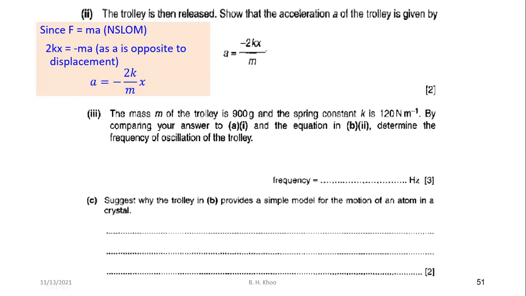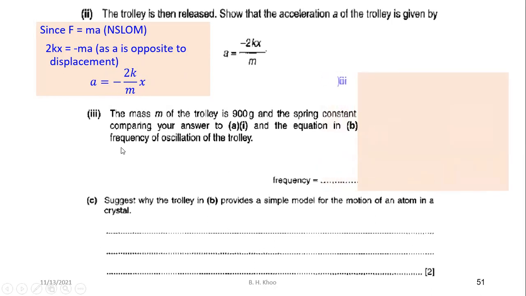Okay. After they show that, they will have to compare with the standard equation. The mass M of the trolley is 900 grams, and the spring constant k is given. By comparing your answer in A1 and your equation in A2, your definition and this equation, determine the frequency. That's all. Compare.